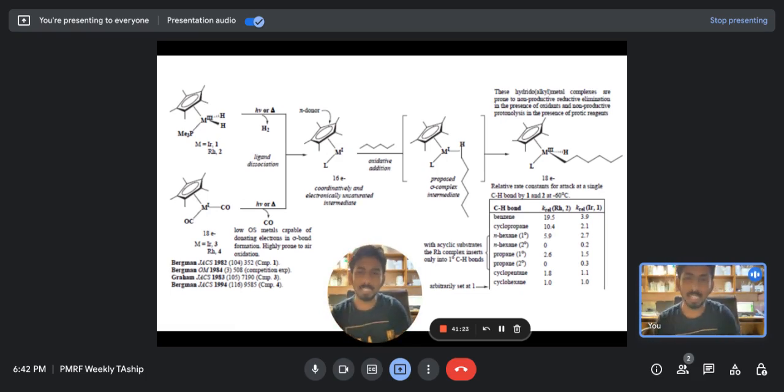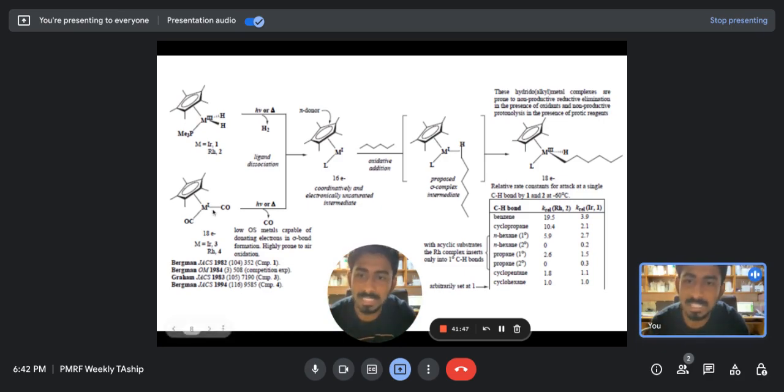Air contains 20% oxygen, and this is a metal(I) center, so it will undergo oxidation by aerial oxygen. Since this is a low oxidation state, the metal has a high charge accumulation on itself. That's why it is prone towards donating electrons to the sigma bond of the C-H bond.